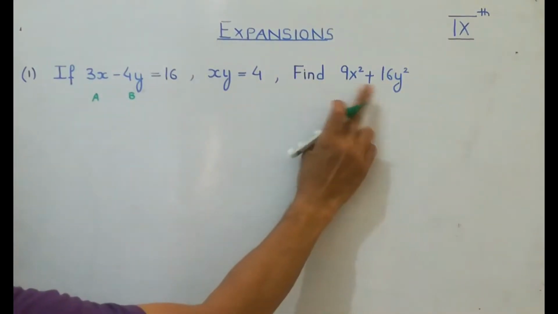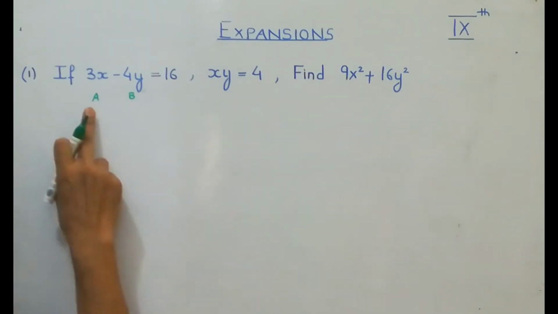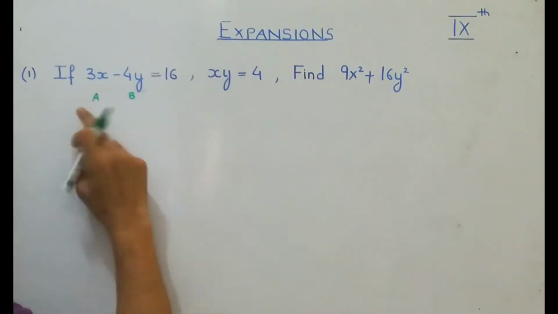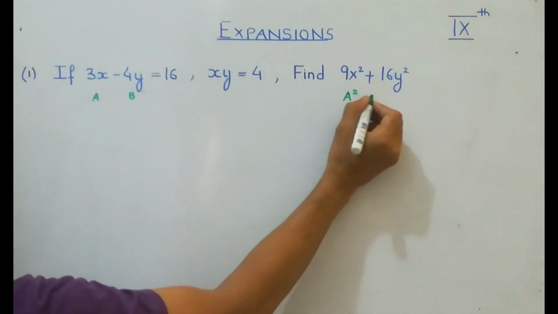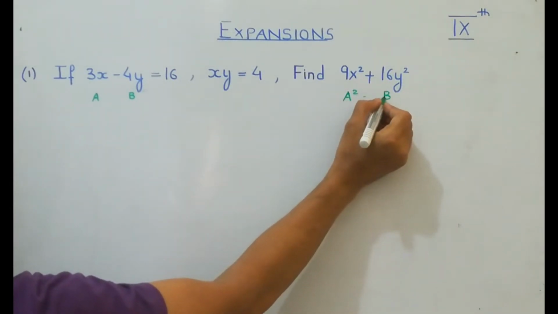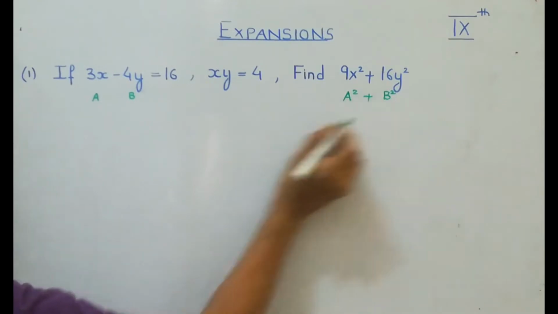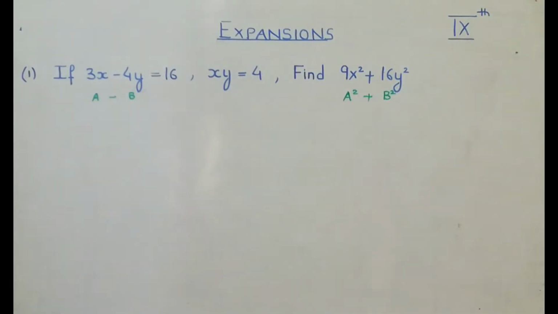And here what you have to find, as you can see, this is square of A and this is square of B. So we will always read the question like this, in A and B terms. So we can say that in the question they have given us A minus B, and they have asked us to calculate A square plus B square.